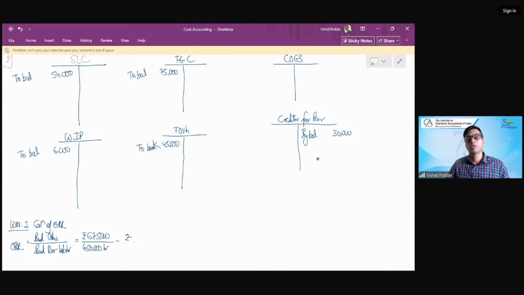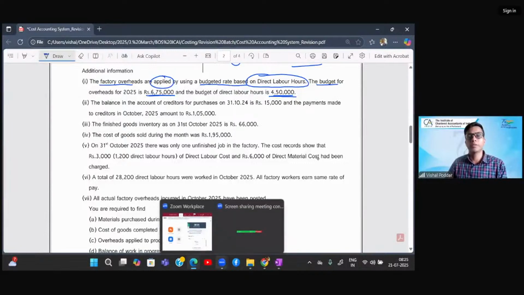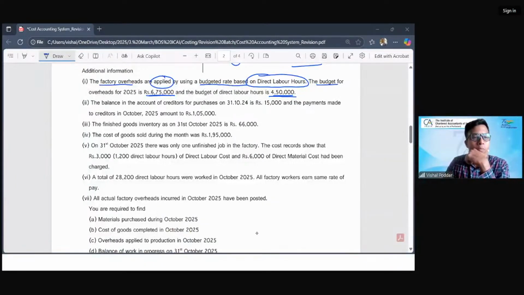Correct? So you will get ORR, which will be per labor hour. Right, students? Find out and give me that. Okay, they just finished saying, sir, ORR is 1.5. Anurag is also saying 1.5. Okay.